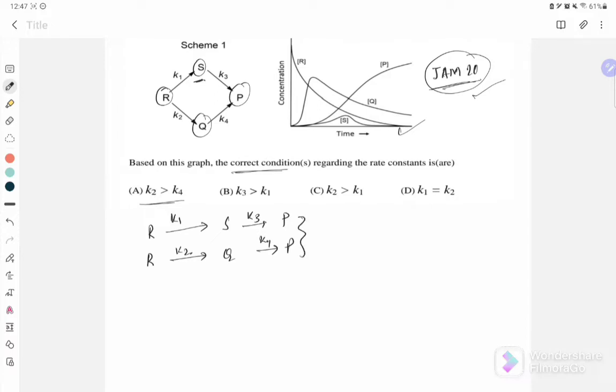So these two reactions are consecutive reactions. Consecutive reaction 1, consecutive reaction 2.